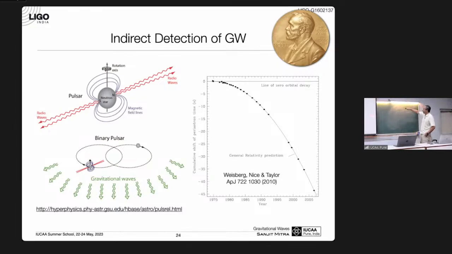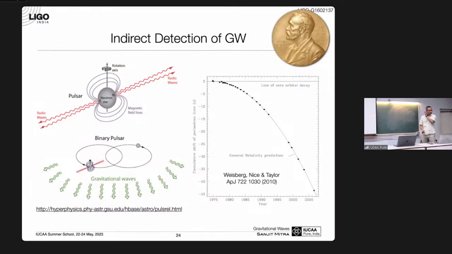This measurement was done from 1975 to 2005, 30 years. You would not believe it, 30 years observing the same thing. So people did. And you see the result is so nice: these dots here, there are error bars actually, these are the measurements, and this solid line is the prediction from general relativity.